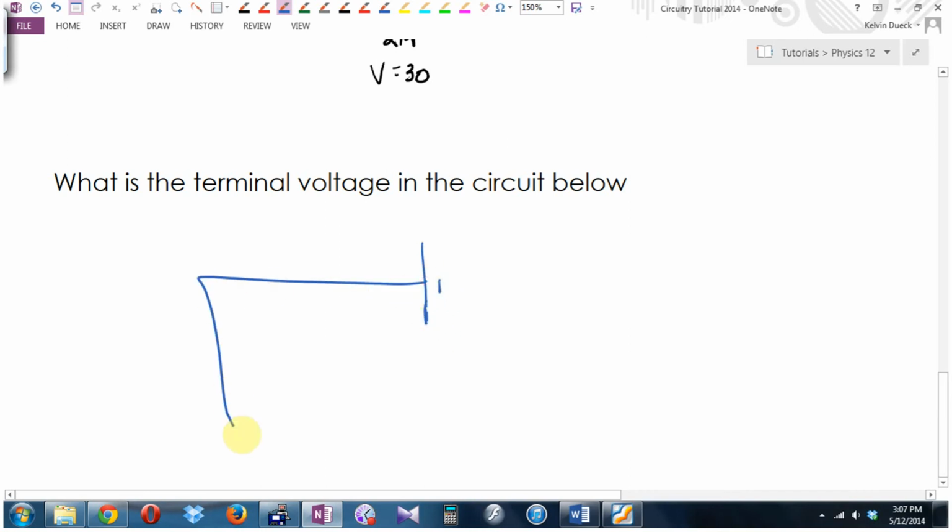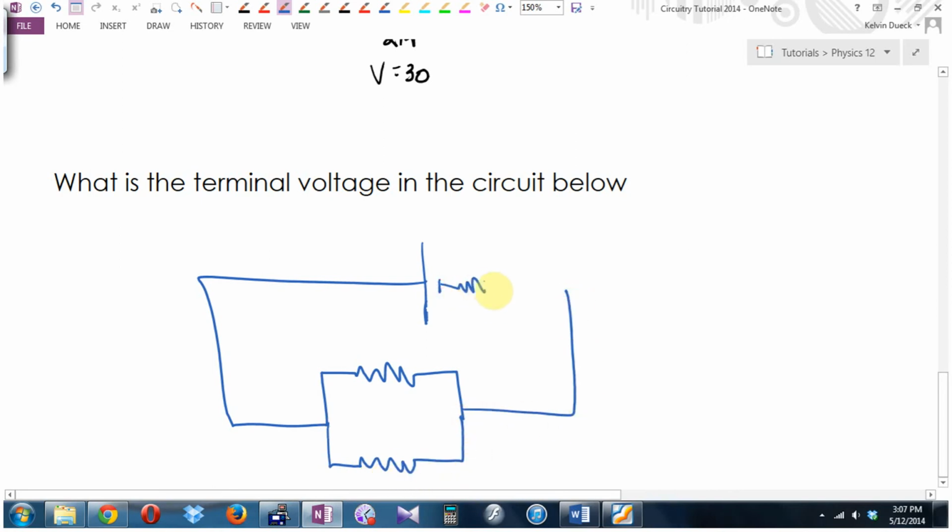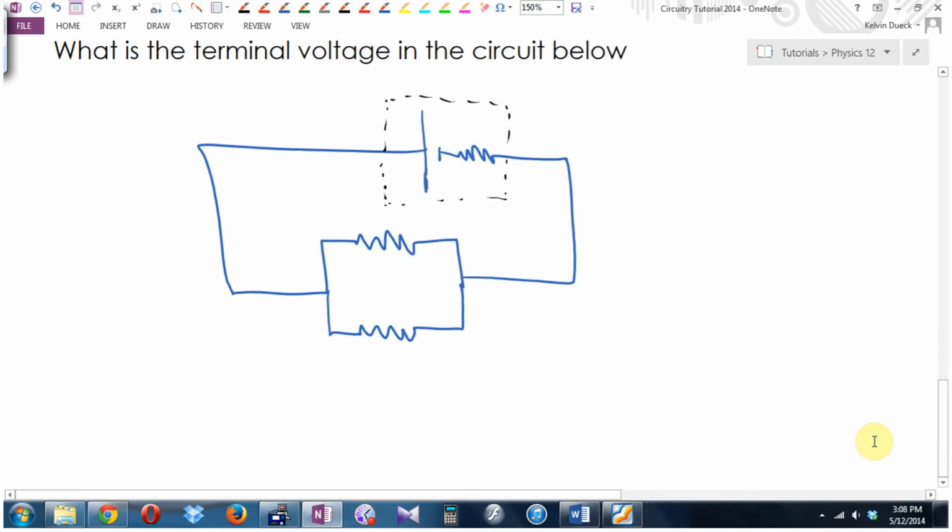Let's add a little parallel component. And let's add an internal resistor as well. So to show that that's an internal resistor, like that. And then let's suppose that I said 12 ohms, 12 ohms.